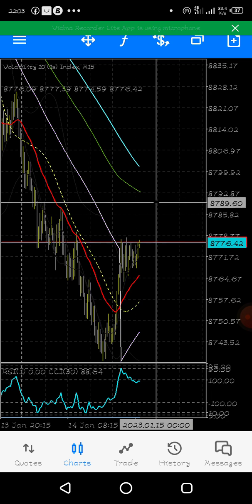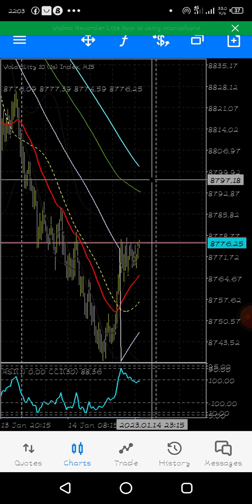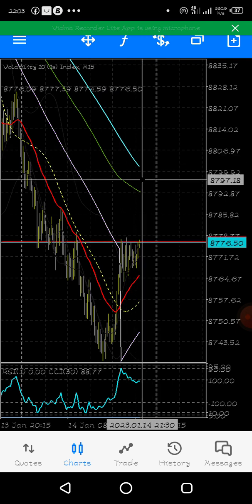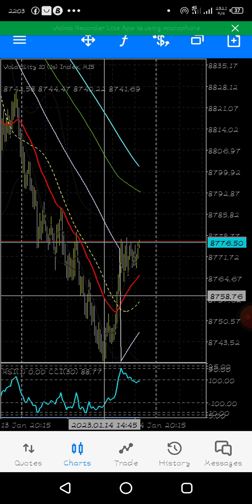And my main moving averages that indicate whether I'm buying or selling are these two moving averages. This one is 150. This one is 30.